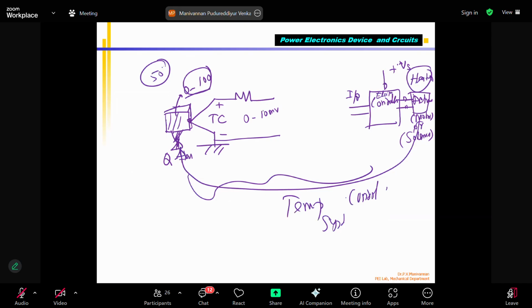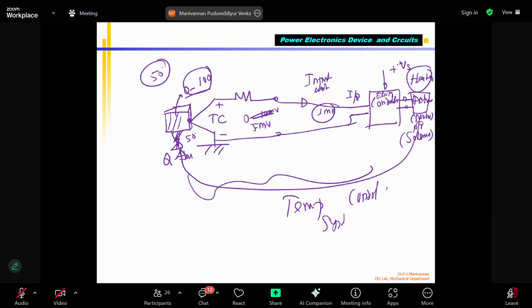Now, if I directly give this to the controller, it will take some input current. If the temperature is 50 degrees centigrade, here it will be 5 millivolts. That is the open condition. Now, if I connect the controller, say, for example, it is taking 1 milliamp current.